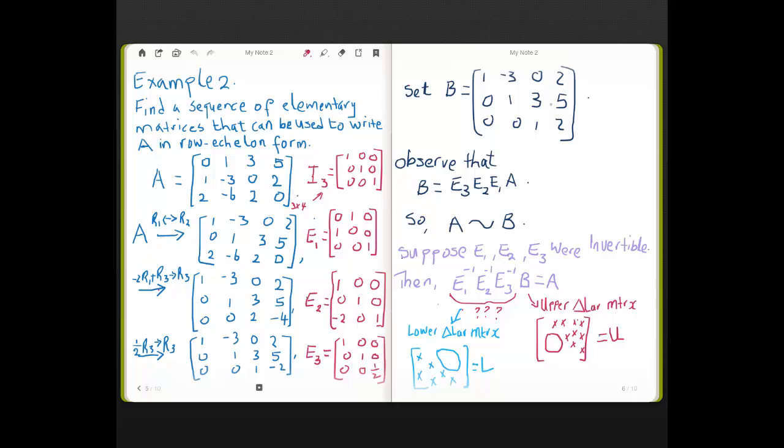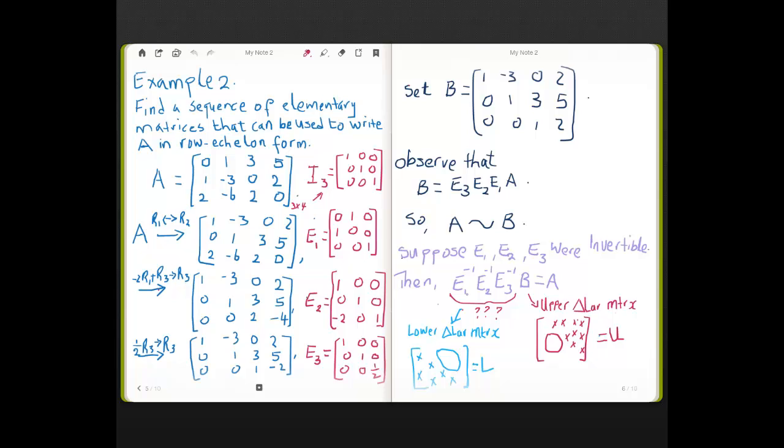A lower triangular matrix, if this is the main diagonal, has non-zero elements only in the lower triangle. So this matrix here, B, is an upper triangular matrix.